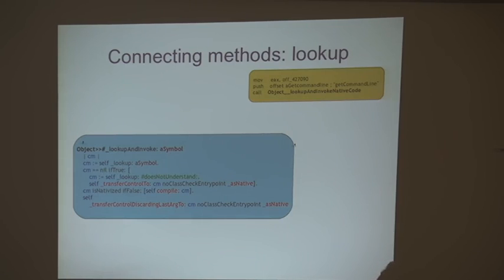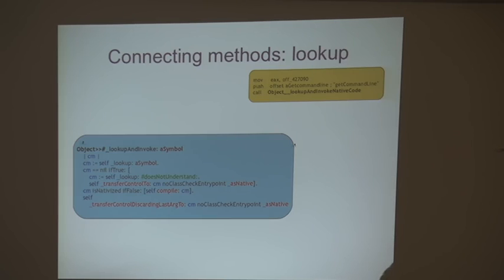If you see the yellow box, that's the code generated when you do a message send. You move the receiver to EX, push the selector, and call lookup and invoke, which is implemented in Smalltalk.